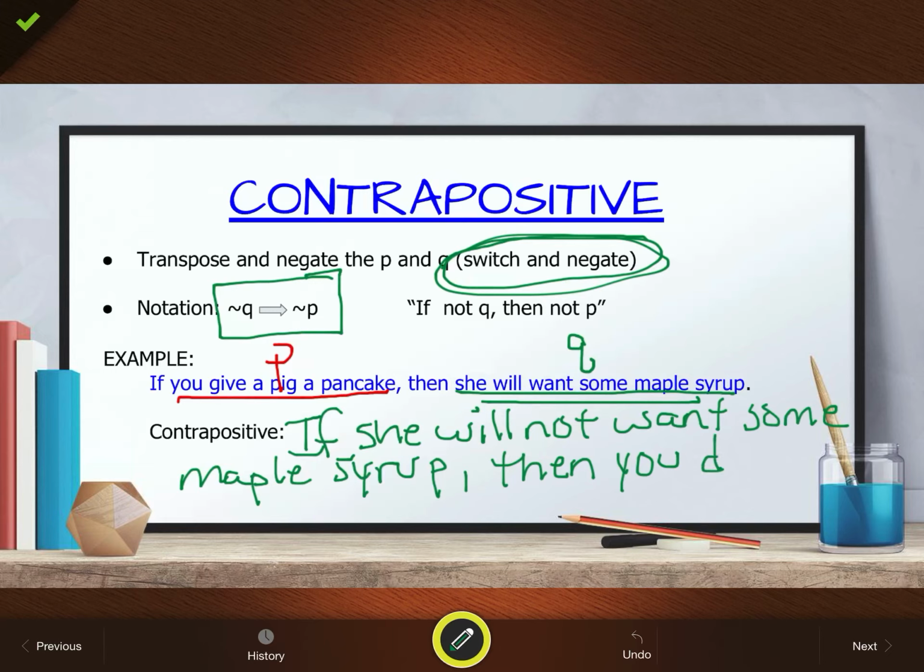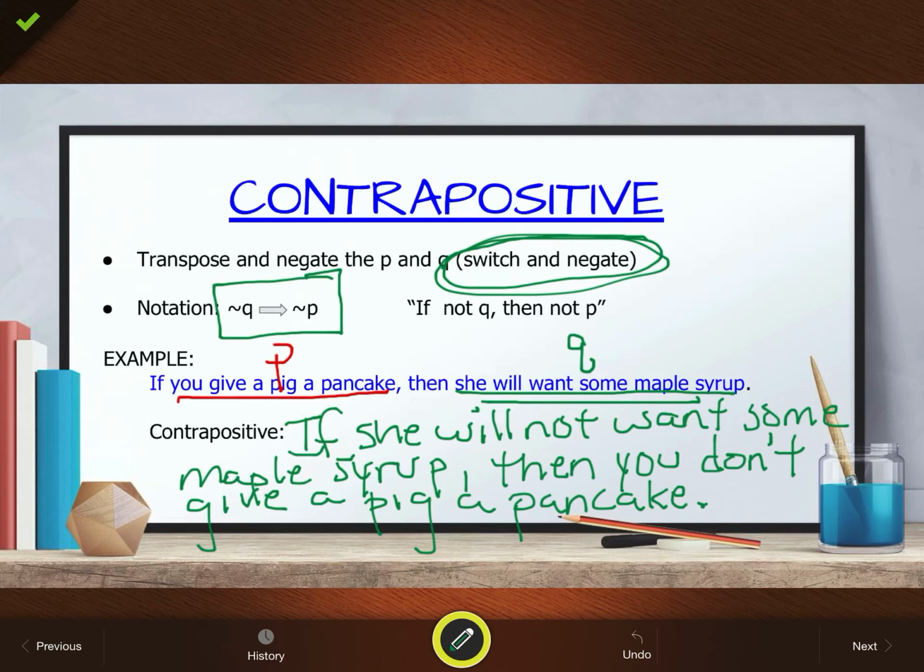Then you don't, do not, will not, won't, however you want to negate it. It all means the same thing. Give a pig a pancake. So contrapositive, switch and negate. If she will not want some maple syrup, then you don't give a pig a pancake.